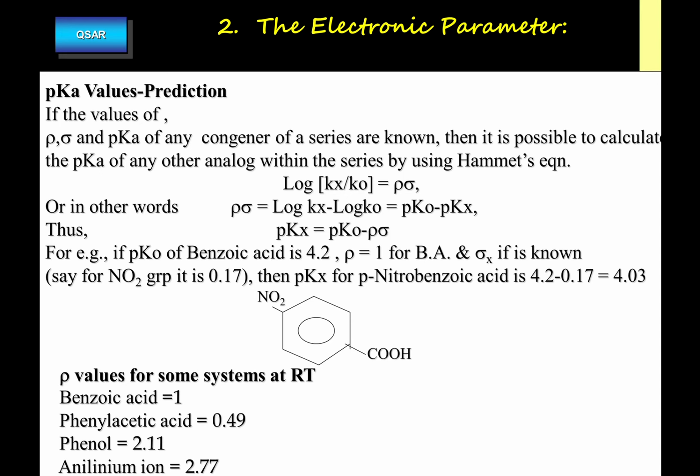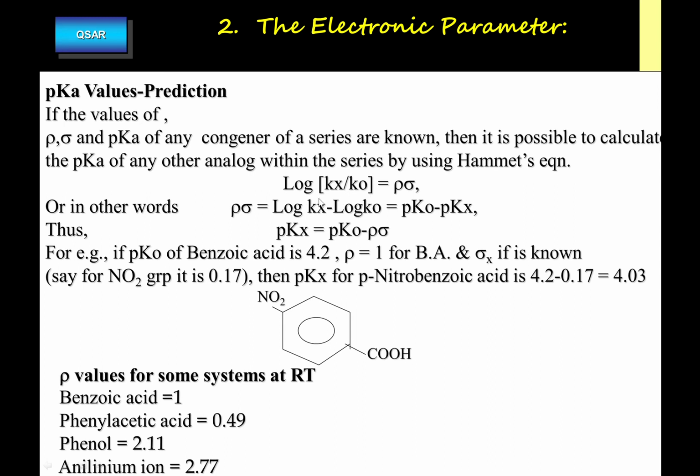How? Let us see the expression of sigma. Sigma is the log of the ratio of the dissociation constant of substituted upon unsubstituted. When you simplify this equation, log kx minus log k0 is rho sigma. Let us assume we are discussing the benzoic acid series, so rho becomes 1. So sigma is log of substituted benzoic acid minus log of benzoic acid.